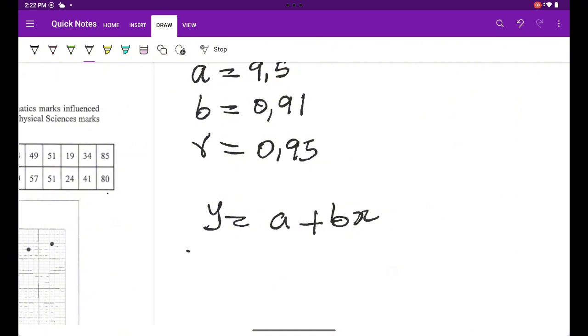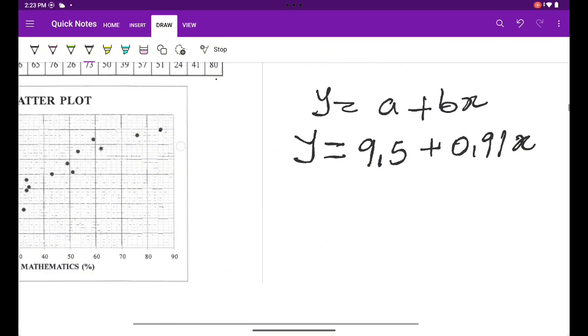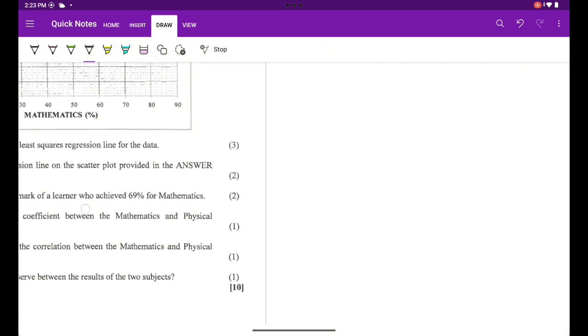So when we substitute the values we calculated, we have a, which is 9,5, plus b, which is 0,91x. Right, so that is our equation. So we can go to the next question.